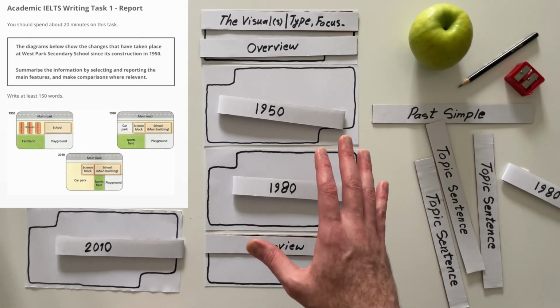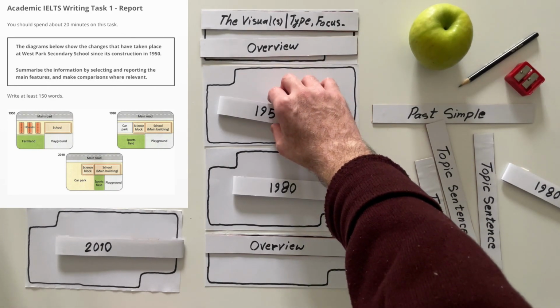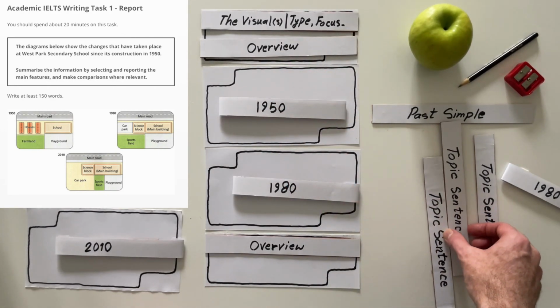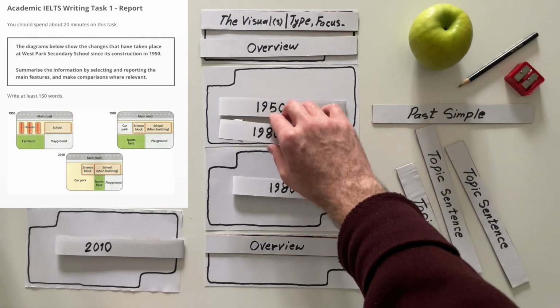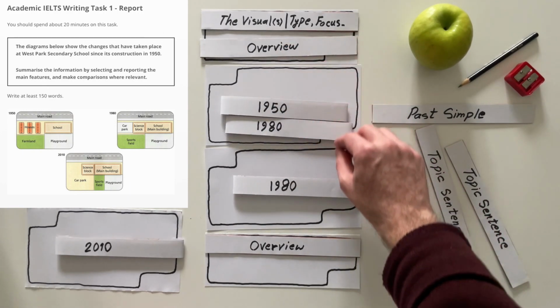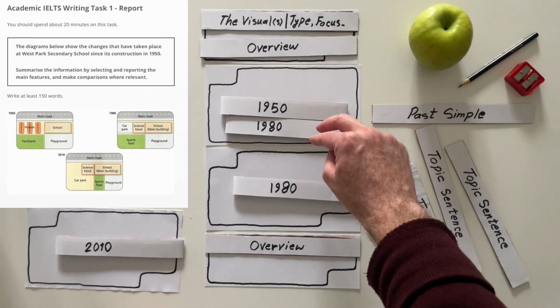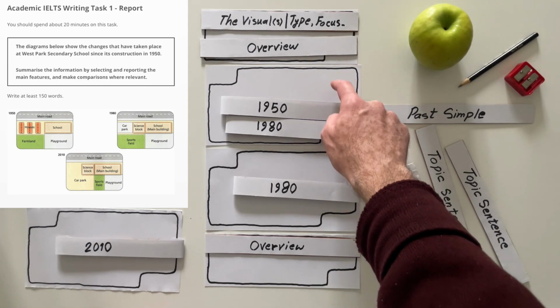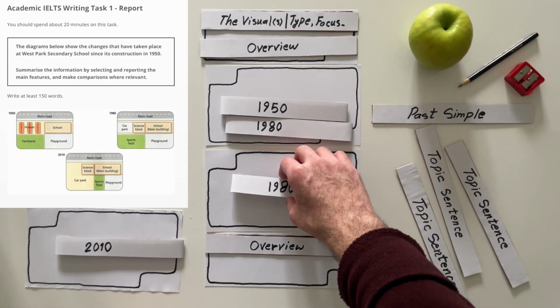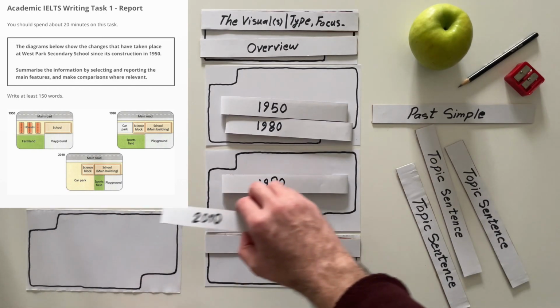My suggestion would be to come up with a comparison 2 by 2 in this paragraph, and another comparison 2 by 2 here.